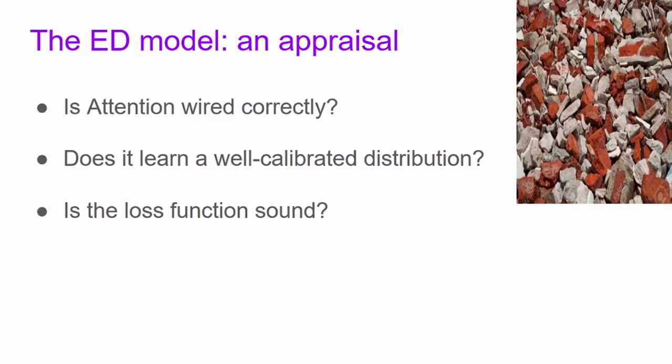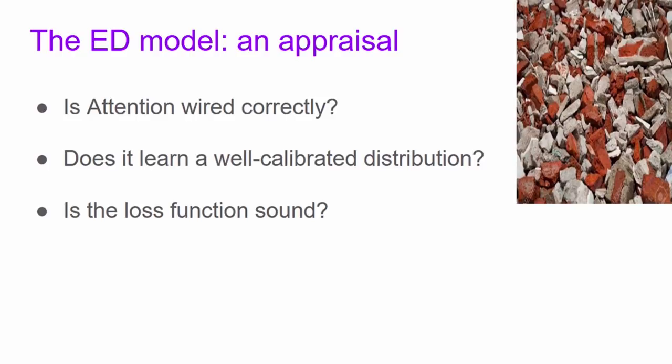In this talk, I'll focus on 3 problems with this encoder-decoder model. And for at least 2 of them, I will show surprisingly simple solutions which fix the problem when you think about the model from a more principled statistical grounding.